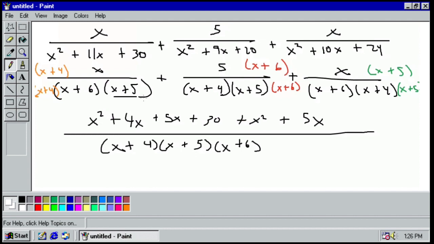We have x squared plus x squared, that will be 2x squared, 4x plus 5x plus 5x, that will give us 14x, and 30 plus 30 is 60. Then copy the denominator part.